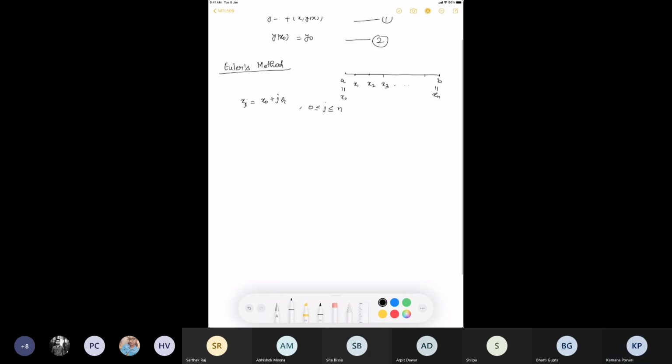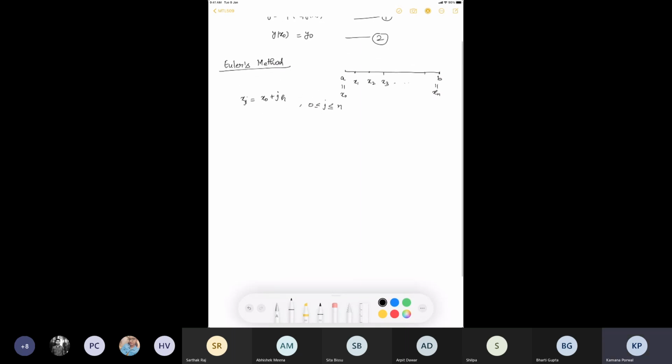So how do we obtain the approximate solution of y at any node xk, which we denote by yk? We find yk plus 1, the approximate solution at the node xk plus 1, by this formula.